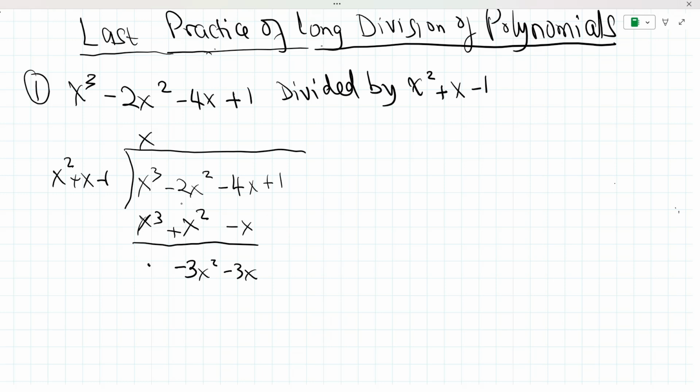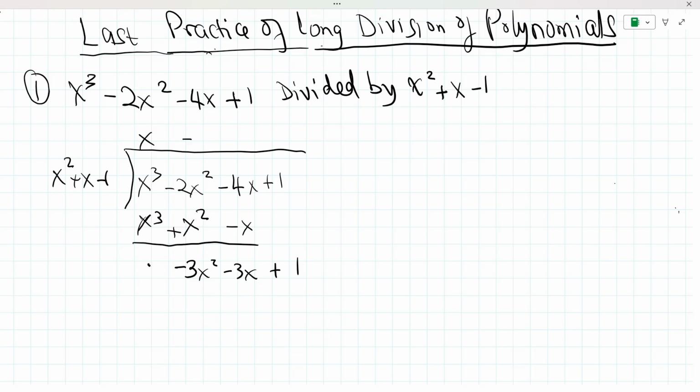So in the end we have our positive 1. Okay, so then what expression, when multiplied by x squared, will give us minus 3x squared?